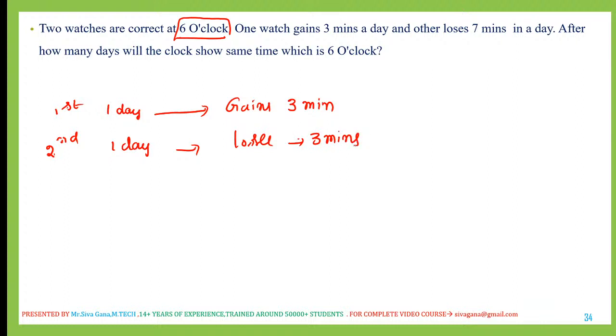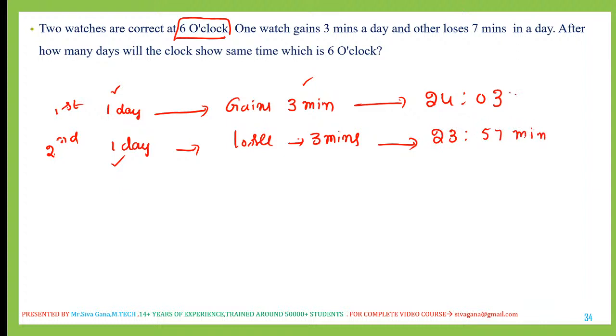For better understanding, in 1 day the first gains 3 minutes. Actual 1 day means 24 hours, but it is showing 24 hours 3 minutes. Now the second watch, 1 day 24 hours, but it is showing 23 hours 57 minutes.